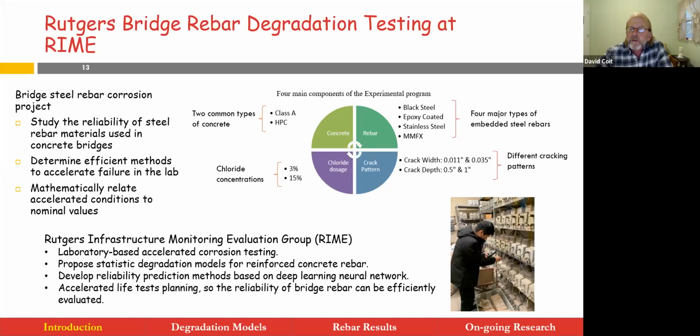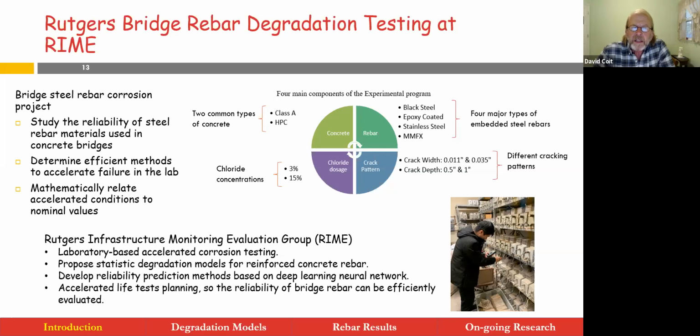I think it would be like a full factorial combination of different testing: 2 types of concrete, 2 different chloride levels, 4 rebar materials, and a total of 5 different cracking patterns. So this data has been collected for almost 3 years. Hopefully it will continue to be collected. I don't know Professor Nassif's plans.